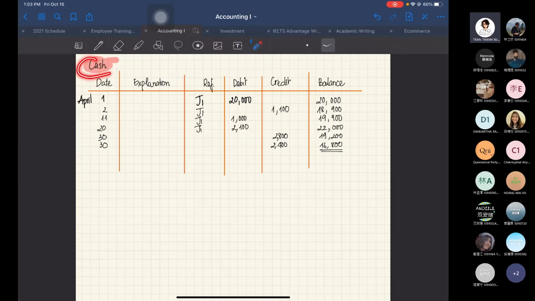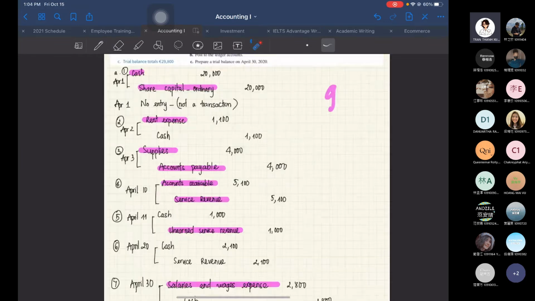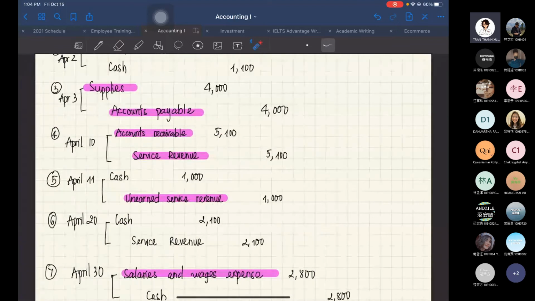So it means only the cash will count into this one, those which have cash. Why do you think April 10 should be counted here? Tell me. Oh, I get it. Only the ones which have cash.